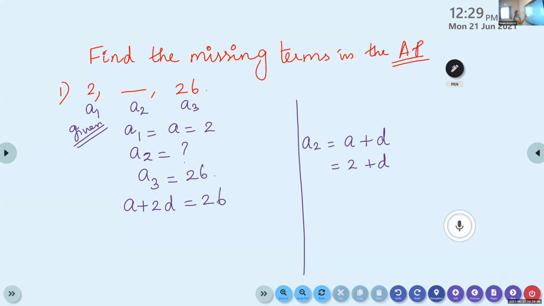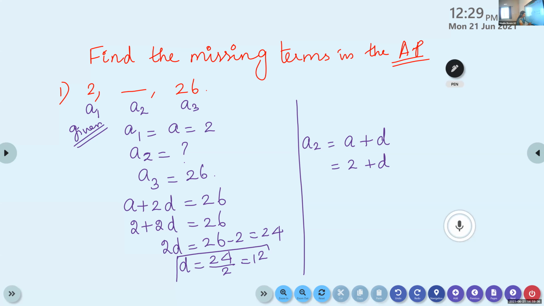A is 2, so 2 plus 2D is 26. So 2D is 26 minus 2, which is 24. Therefore D is 24 by 2, which is 12.